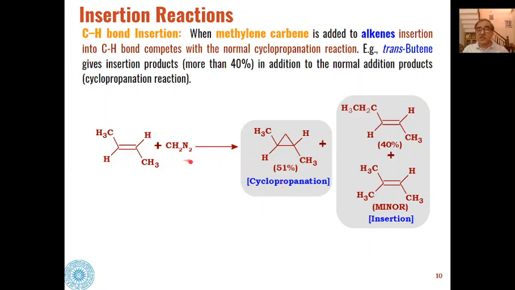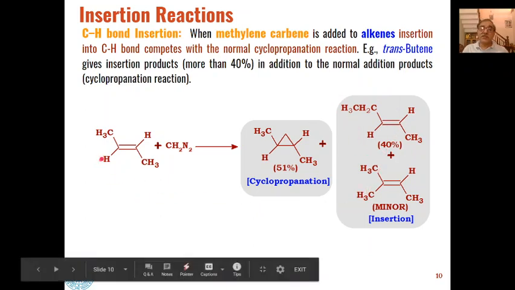So likewise, if cyclopropanation takes place, we will get this as the product, and if the insertion takes place at either this methyl or this methyl, then we will get this type of product. Whereas if insertion takes place either at this place or at this place, then we will get this type of product.